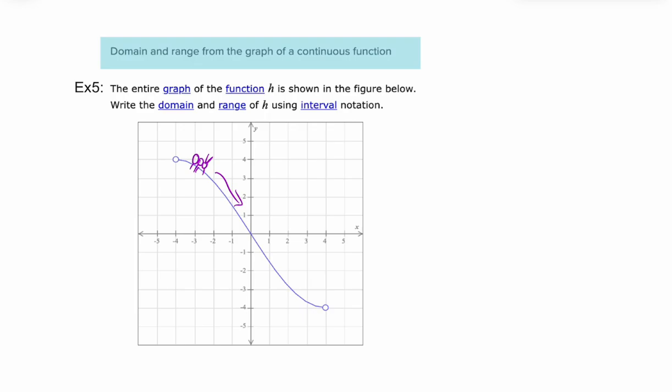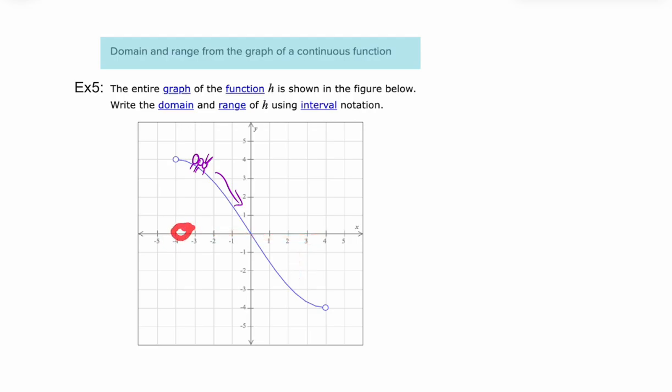What x values will he hit along his journey? Is he allowed to stand at -4? No. So if we follow the x-axis, he's not allowed to stand at -4. He can stand at all of these. Where does he have to stop? At 4, right? And can he stand there without falling through?